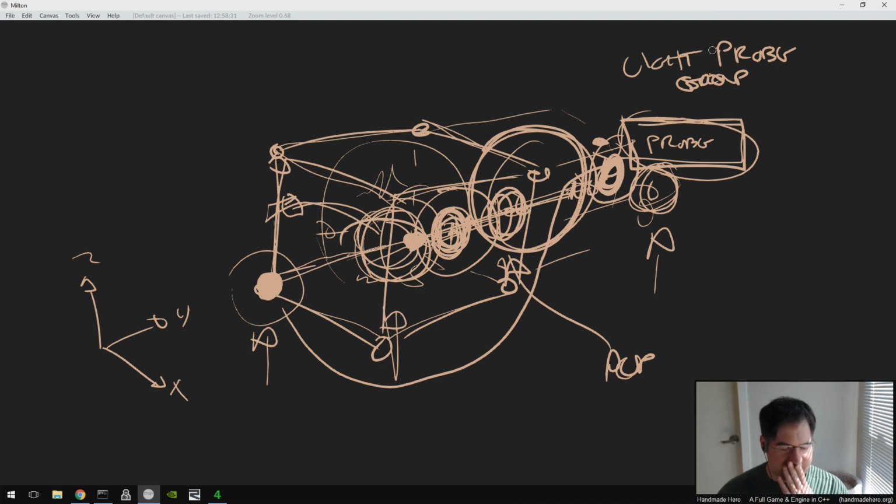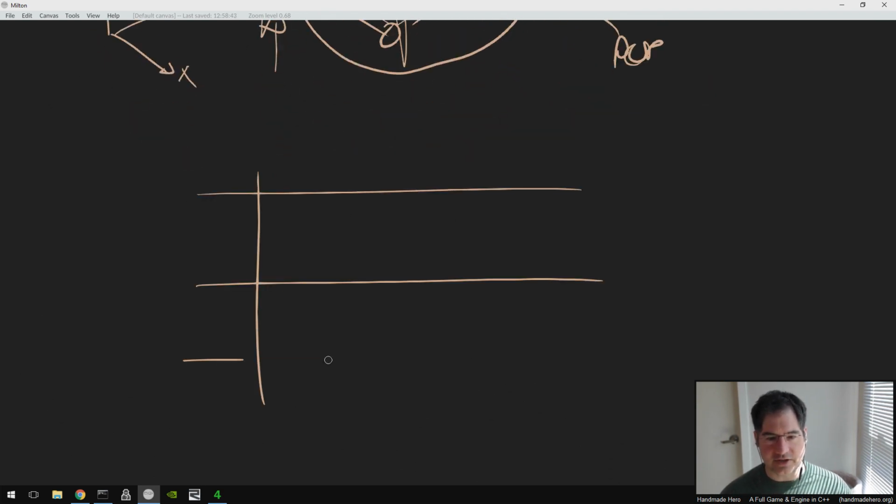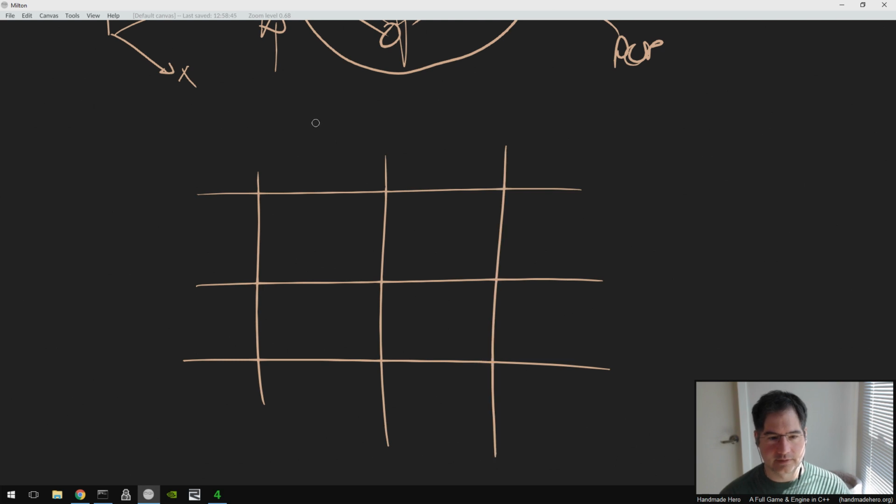I'm not really vocalizing this properly. I think this is an actual problem, but every time I try to vocalize, I'm like, well, that's not really technically a problem. Let me use a 2D example. See if I can work it out. So here are the points at which we store which light probe is closest, right?